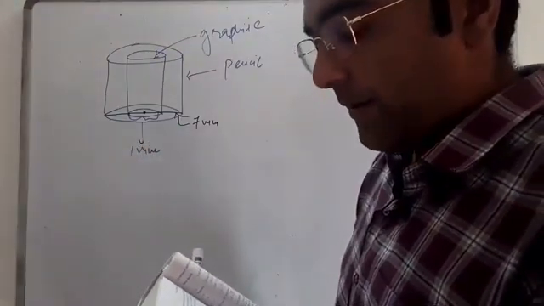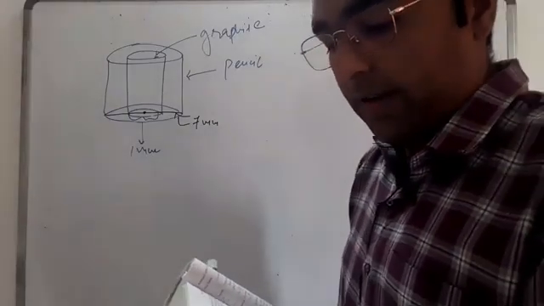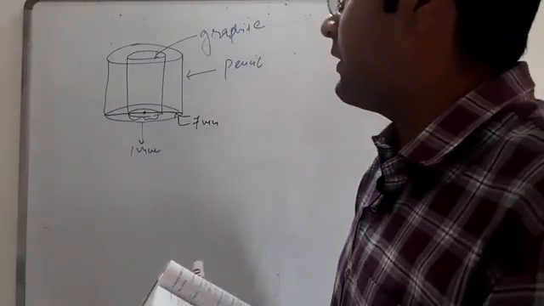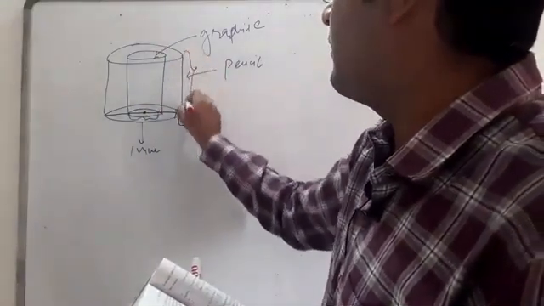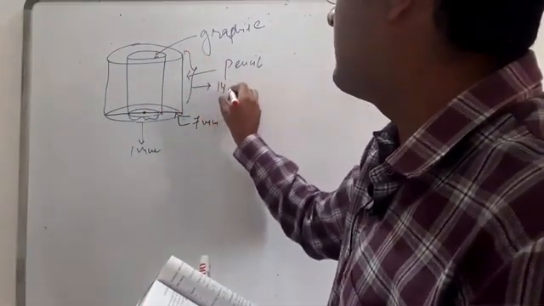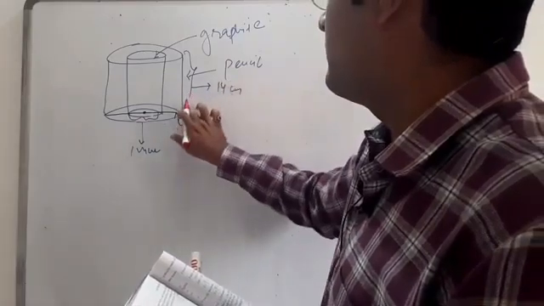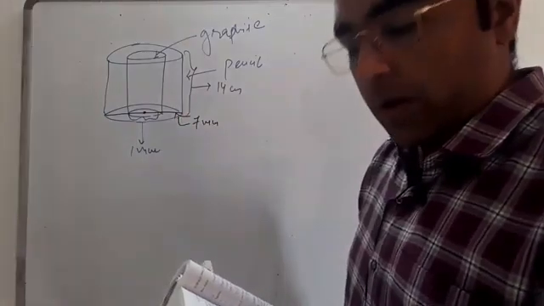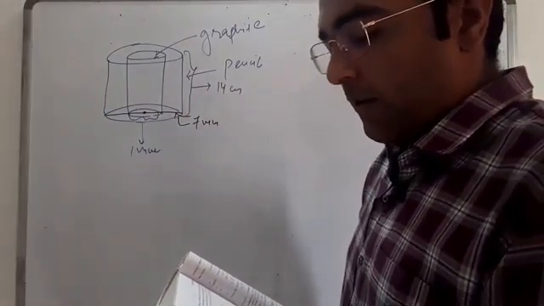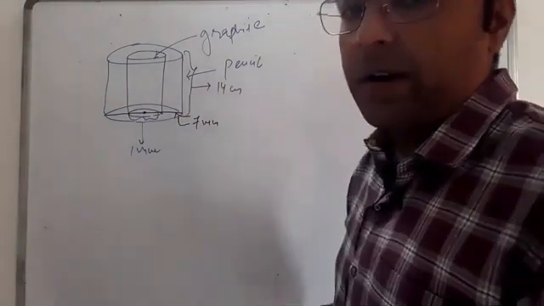The length of the pencil is 14 centimeter, the total length of the pencil. First, find the volume of the graphite.